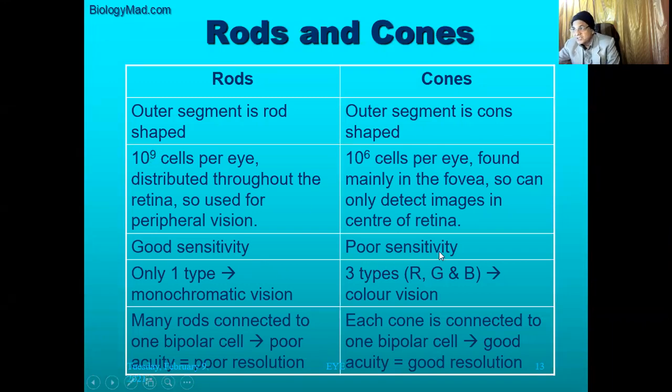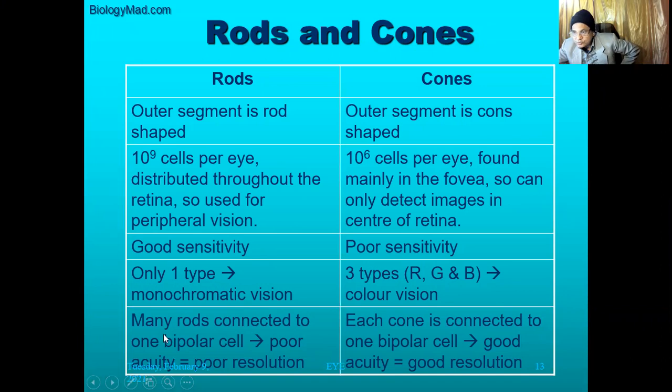Cones have poor sensitivity, as they are fewer in number. Rods have only one type, monochromatic vision. Cones have 3 types, RGB, red, green, blue, the fundamental colors. We will see how to mix the fundamental colors to give other colors.